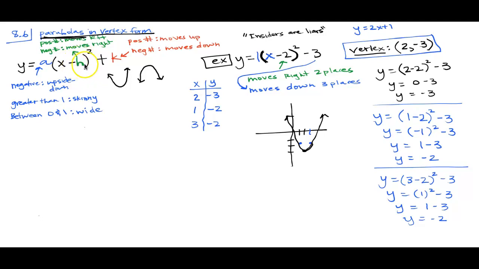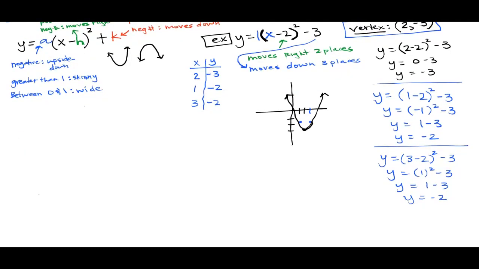There will only be a number there. So there could be a number here in place of the a, a number here in place of the h, or a number here in place of the k. Those are where our numbers are. Can you do another example, please? Yeah, we'll do another example.